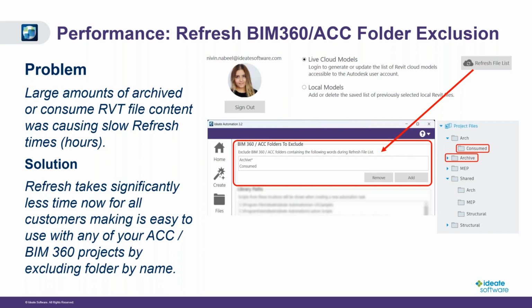So we have this feature called folders to exclude that was released later. You can exclude things that begin with the word archive or consumed, or maybe your shared folder, or something that you have in there, to lessen the time it takes for that refresh to happen. That was a feature request, and we've added that.